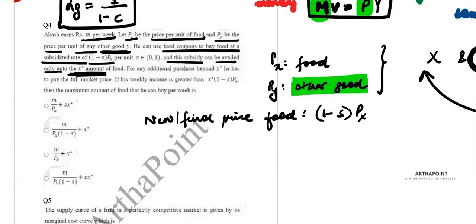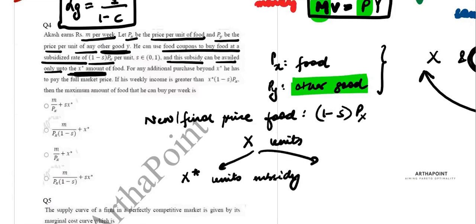If you consume some X units, then only for the first X star units, you get subsidy. And beyond this X star units, there is no subsidy. So let's first understand this part well.